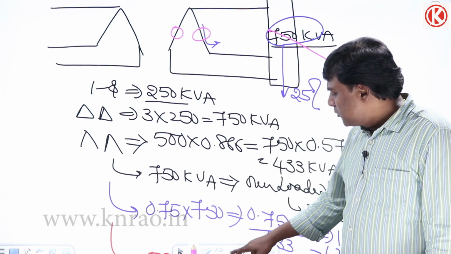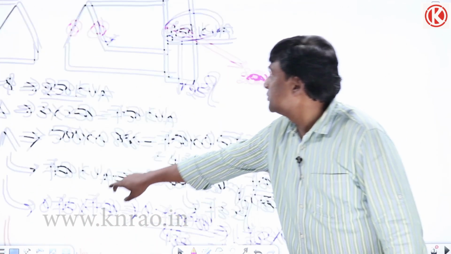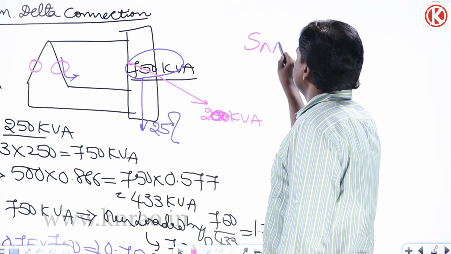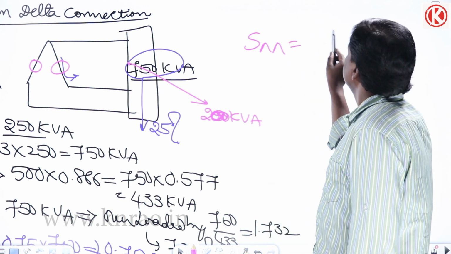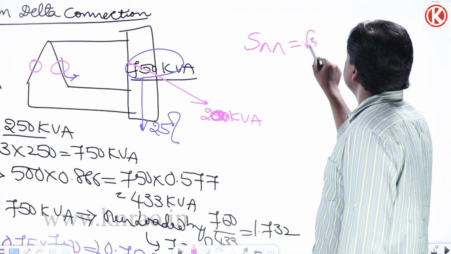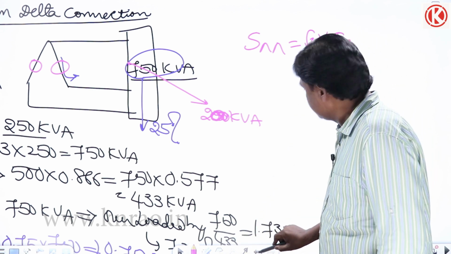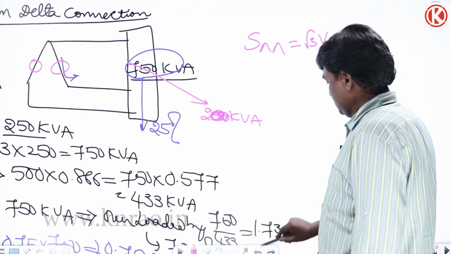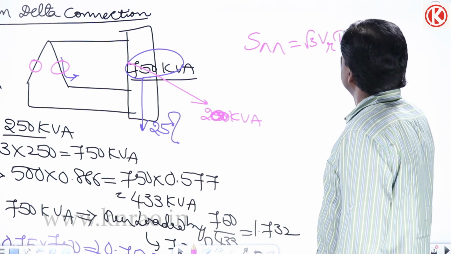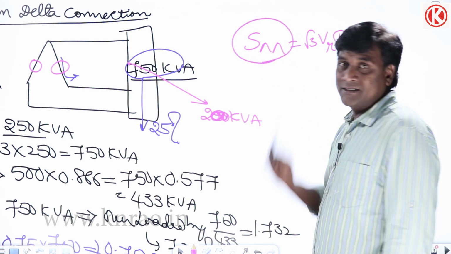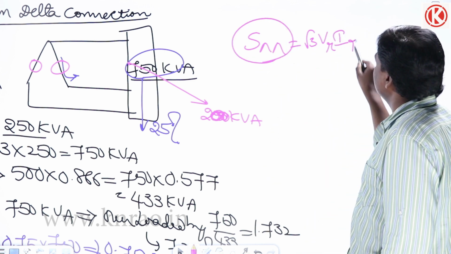Or from the formula point of view, S of open delta is going to be root 3 V phase I phase, or V rated, and in order to calculate, the rated capacity is going to be higher.